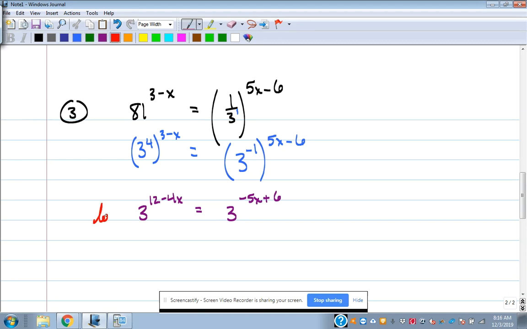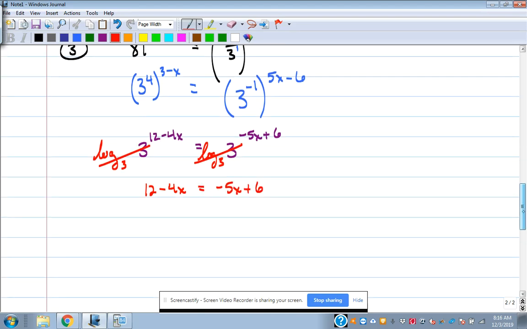Log base 3's. (12 minus 4x) is -5x plus 6. That's not a bad equation to solve. Add 5x, subtract 12, so the x equals -6.